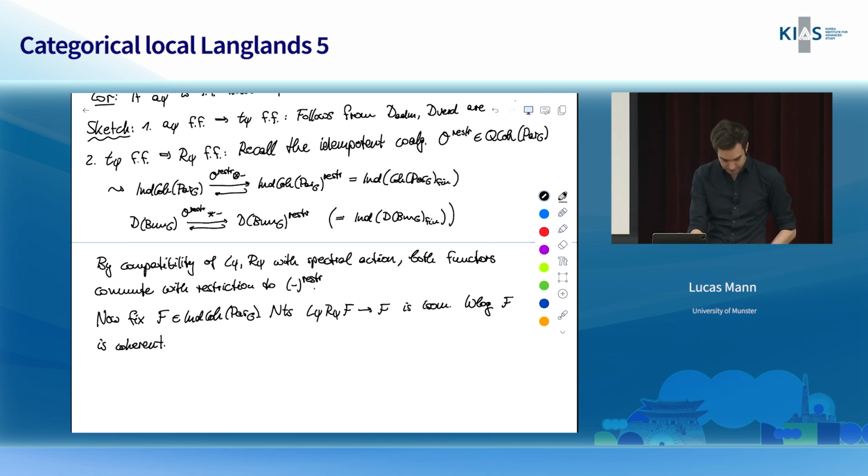Okay, and now we use one more property, namely that this restriction functor on coherent sheaves, this tensoring with O restricted, is conservative.